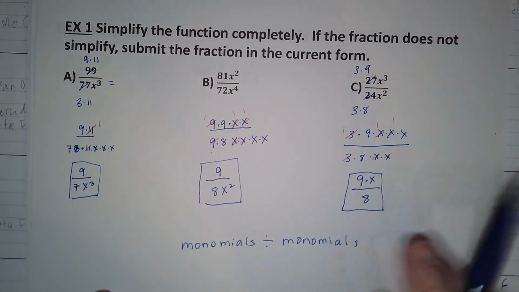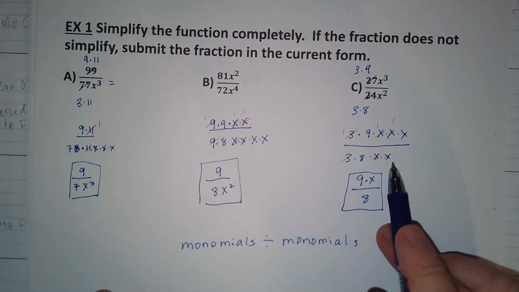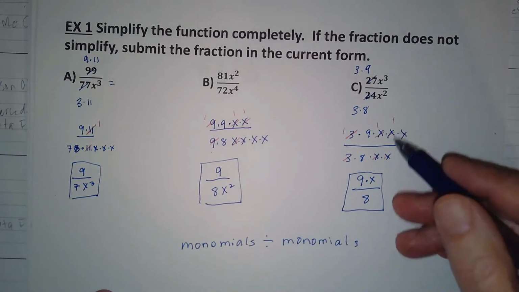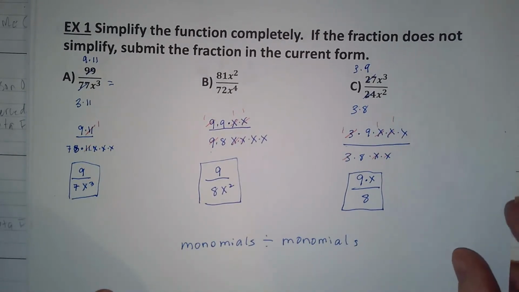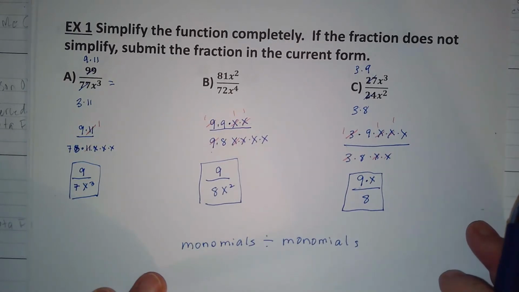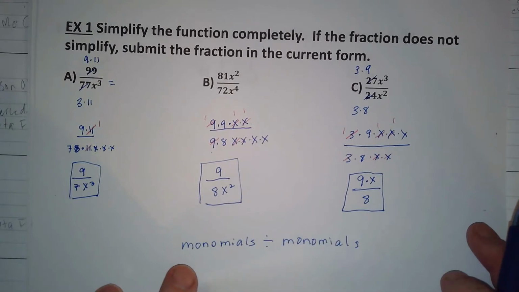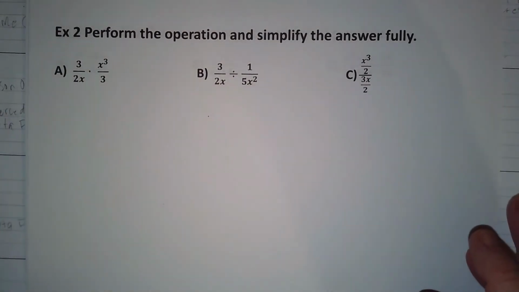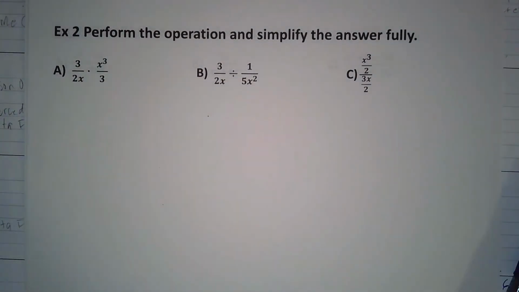Okay? And then we did the same thing in the denominator, and that way we were able to come up with what we could turn into 1 by taking something that was the same in the numerator and the denominator, and that divided out as a 1. Pretty simple.